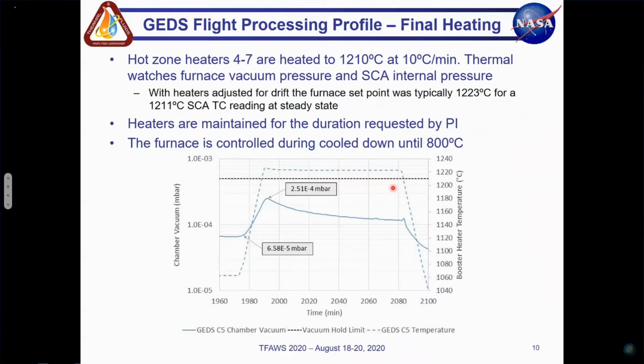And that's what this ramp is here. And you can see it does overshoot a little bit. And then we go into our steady state hold for the PI's desired duration, and then we cool down. We also watch the pressure profile, which is right here during that time.